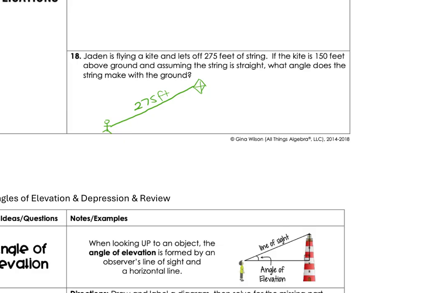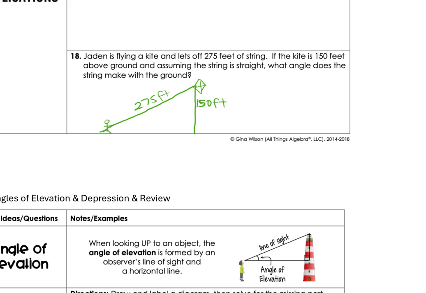It says if the kite is 150 feet above the ground, that's going to be this, right? It's 150 feet above the ground. And assuming the string is straight, what angle does the string make with the ground?